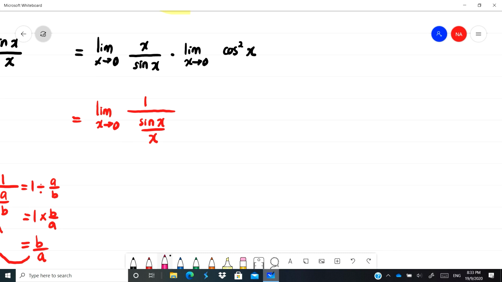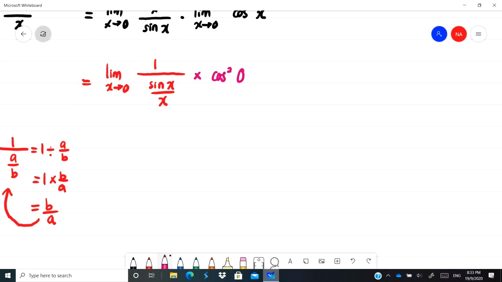For that part, we can simply substitute the value of x with 0. So cos squared of 0 will be 1. For this part, you can distribute the limit into both the numerator and the denominator.